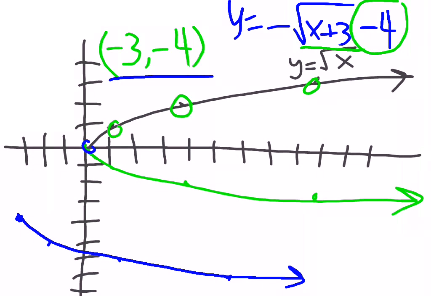Okay? The reason why I chose to go to the right 4 was because 4 is a perfect square. The reason why I chose to go to the right 1 is because 1 is a perfect square, and the reason why I chose to go to the right 9 is obviously because 9 is a perfect square.